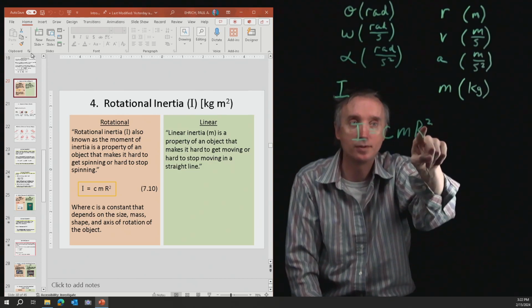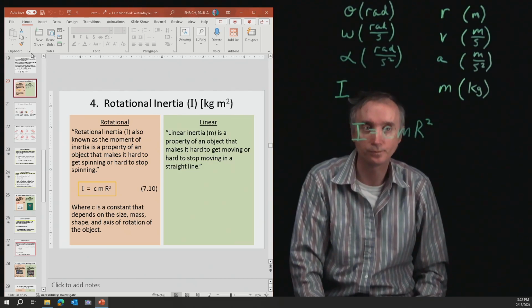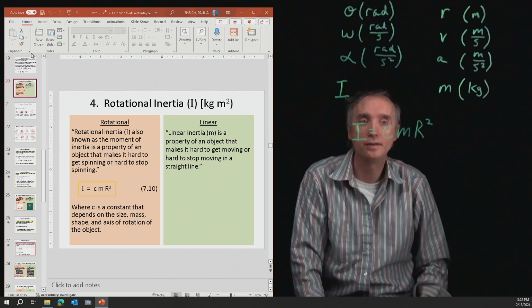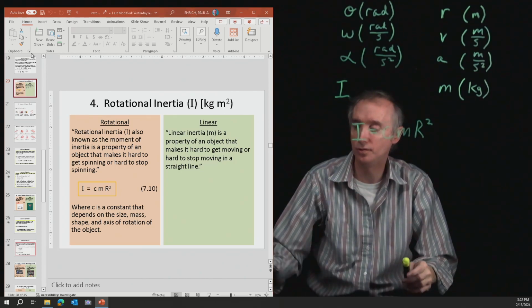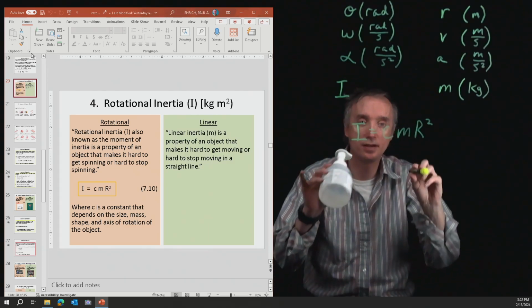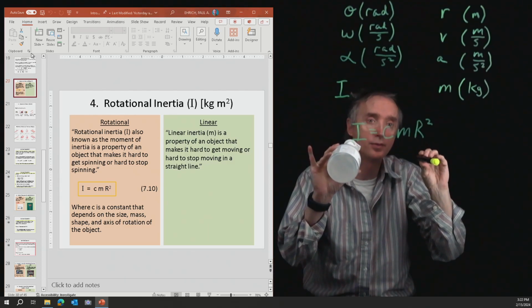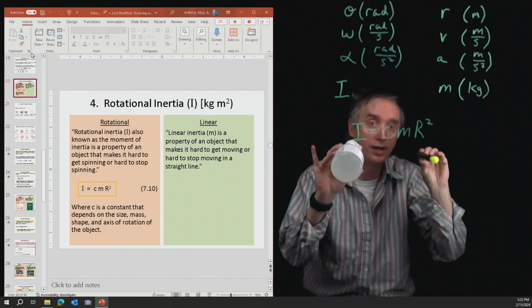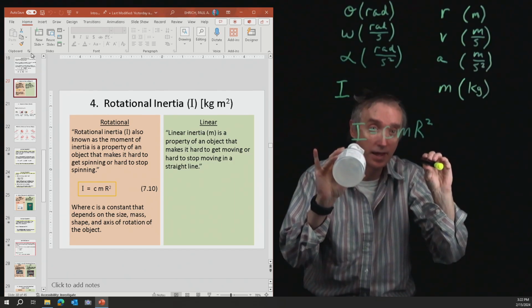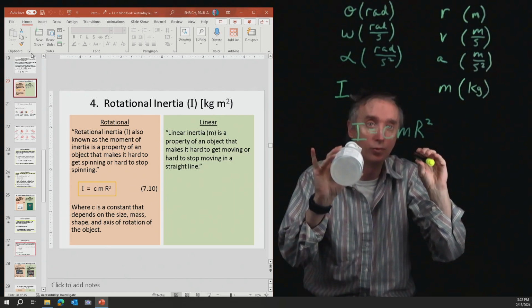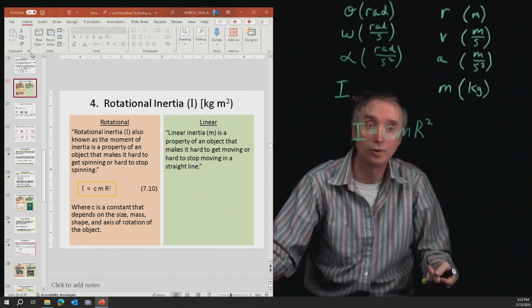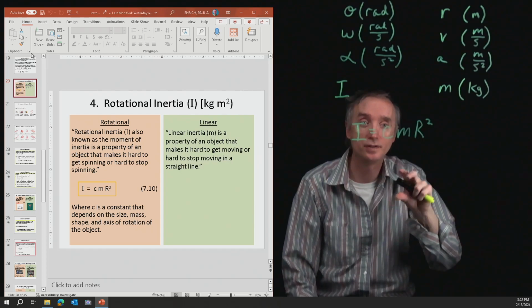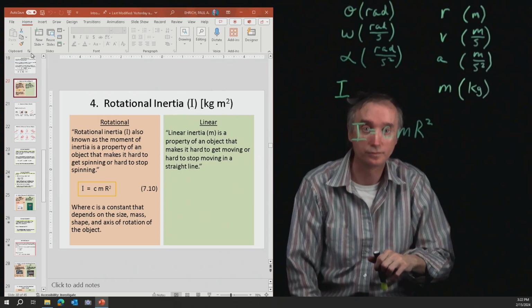But notice this time it's radius squared. Okay, so it's also going to depend on the radius. So we could do an example of where you've got two objects that have different radiuses. And you would find that the one that has the larger radius is going to be harder to get to spin.